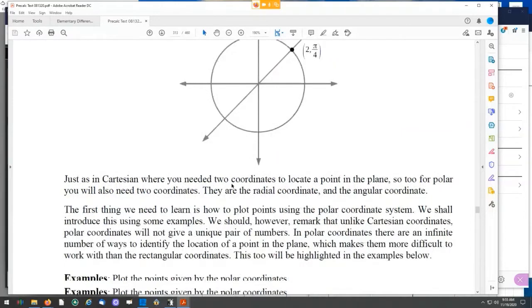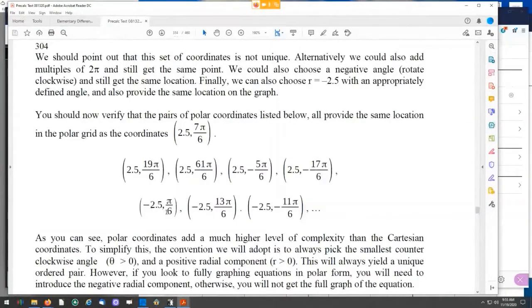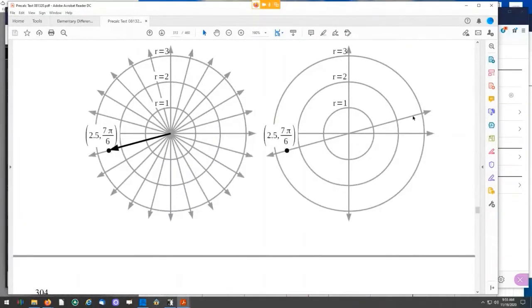So that also explains why we can have these representations. I could go negative 2.5, and my angle is pi over 6. So where would that be? Well, here's my 2.5 at pi over 6. But since it's the negative of 2.5, I go in that opposite direction along that same angle of pi over 6. So it can get confusing.